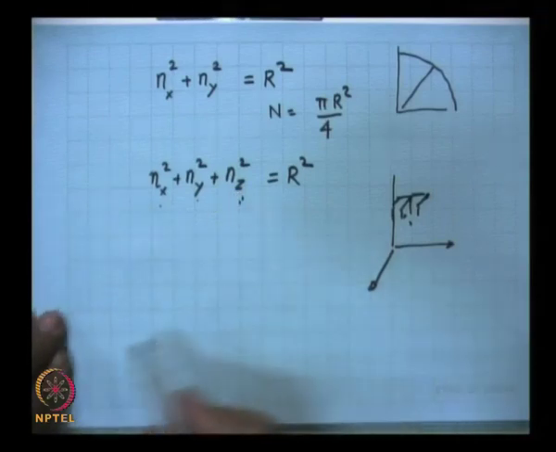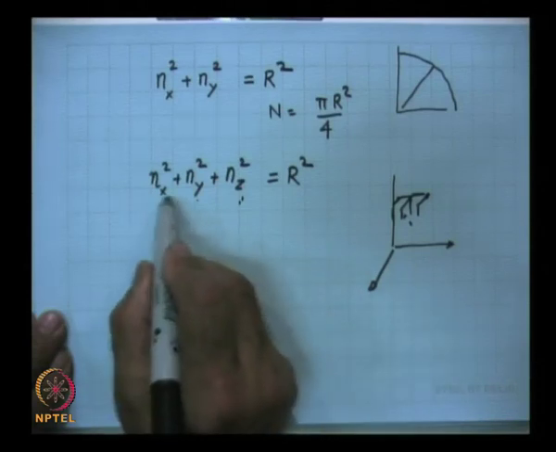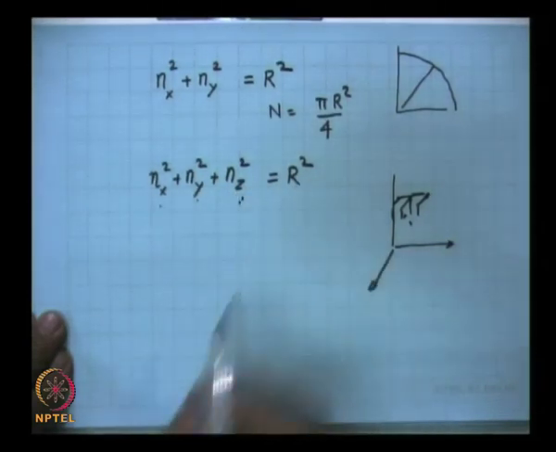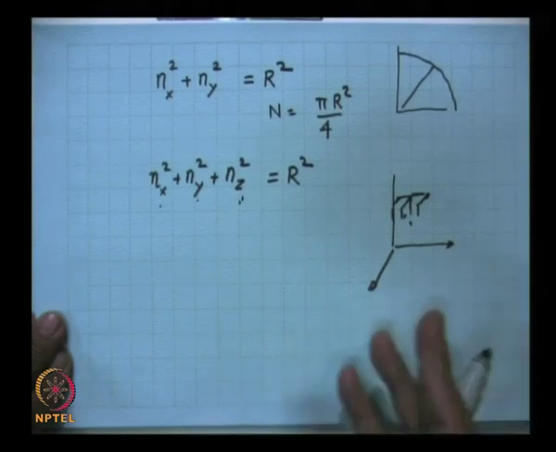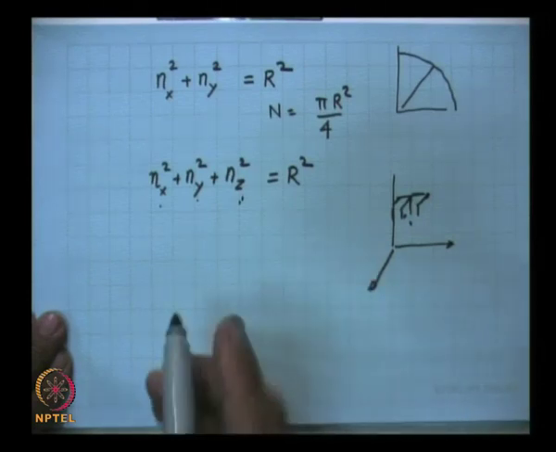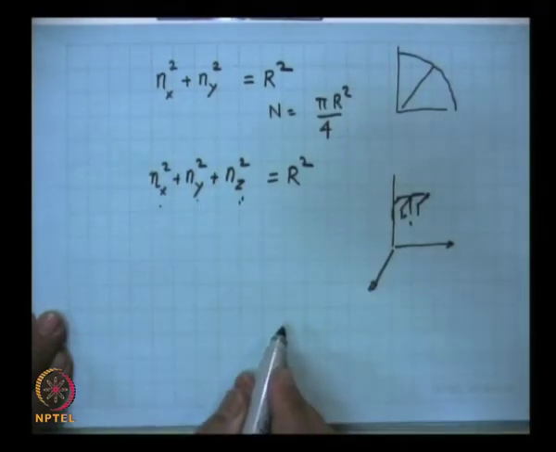So, the total number of states for which nx square plus ny square plus nz square is less than r square will now be the volume of the octant, 1/8, because we are only considering positive values of nx, ny and nz.